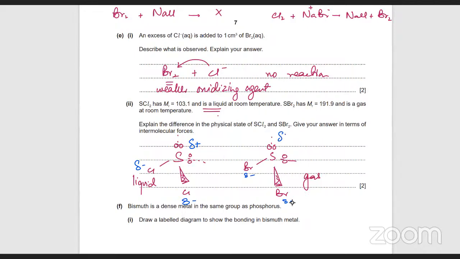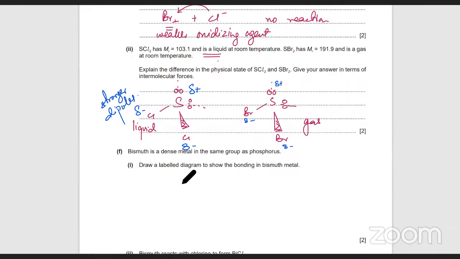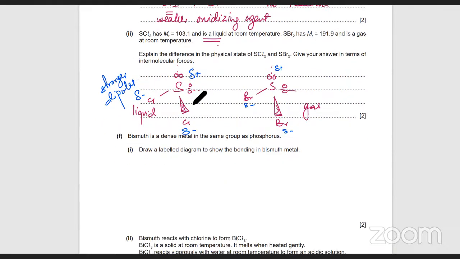तो इसका जो पॉजिटिव साइड भी होगी that would be smaller as well. ठीक है, remember down the group electronegativity decreases. So all you have to state is that this one has stronger dipoles. Why does it have stronger dipoles? Because Cl is more electronegative compared to Br, which is why it's got more intermolecular forces. So permanent dipole attraction is stronger. तो ये आपने यहाँ पे स्टेट करना है 2 mark.